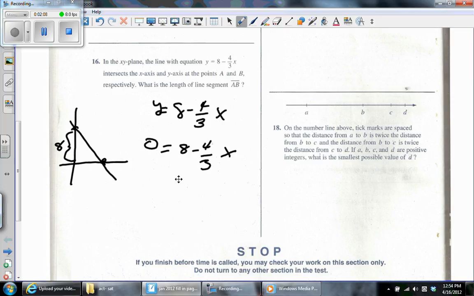Alright, solving for x, I'm going to take some liberties here, and you get 6. So I know that this distance is 6. So I also know this is a right triangle, so it's a 6, 8, 10 triangle. So the distance from A to B is 10.